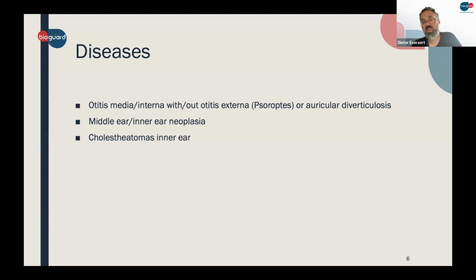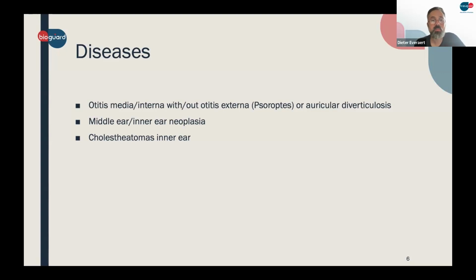It's a widening of the canal. There's a lot of auricular smear sitting in it. It can become infected, and then it can go deeper into the inner ear or even further. Another possibility is an ascending infection from the Eustachian tube, but that I will also cover later.